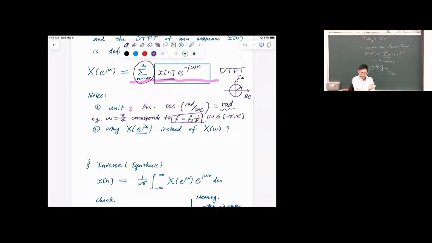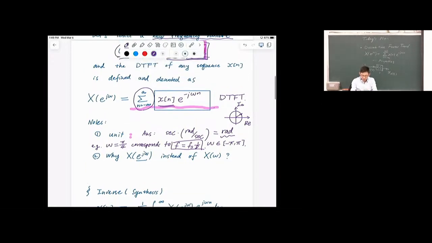Now when we examine this new definition of what we call DTFT, the idea is to go from time to frequency. So the result is a spectrum. We take a signal in time and convert it into a spectrum in frequency.